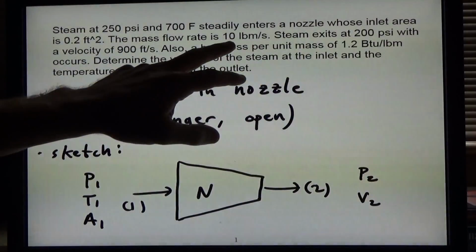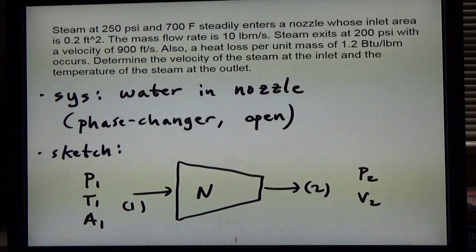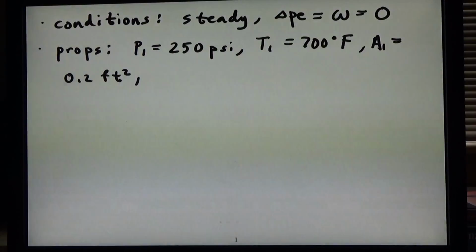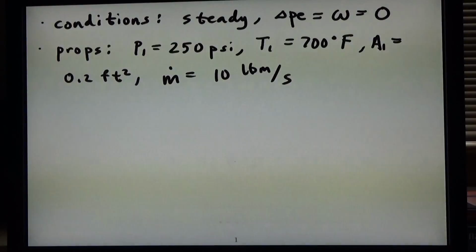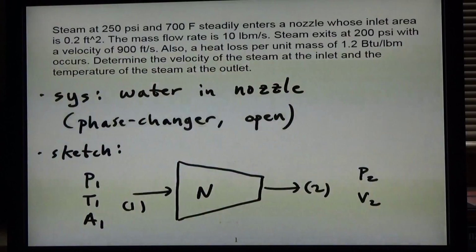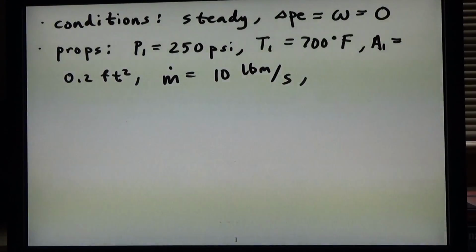Then we have the mass flow rate is 10 pound-mass per second. So we have m dot is 10 pound-mass per second. Then we have the exit properties. It exits at 200 psi and velocity 900 feet per second.